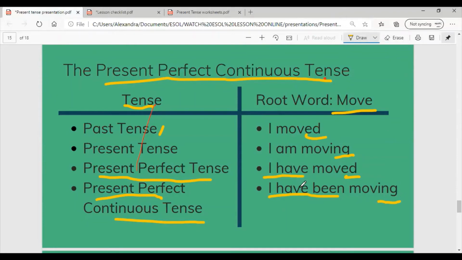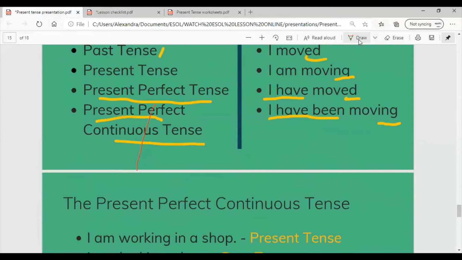So you would be looking for the "have been" to show something that started in the past, but the "ing" ending on the end of the root word would suggest that it is a still ongoing action. It's not finished, it's not in the past like the present perfect tense with the "ed," it's right now in the present tense, "ing." So I hope that clears that up a little bit.